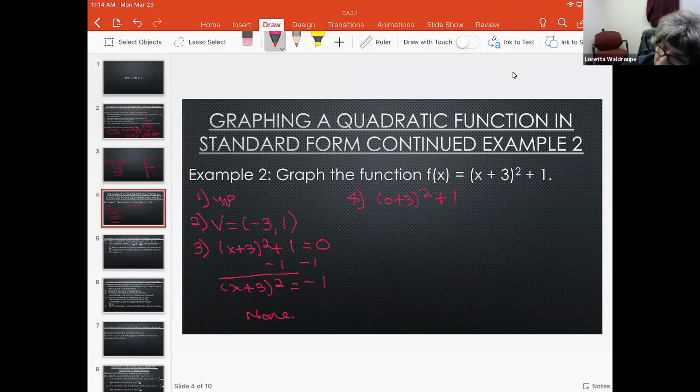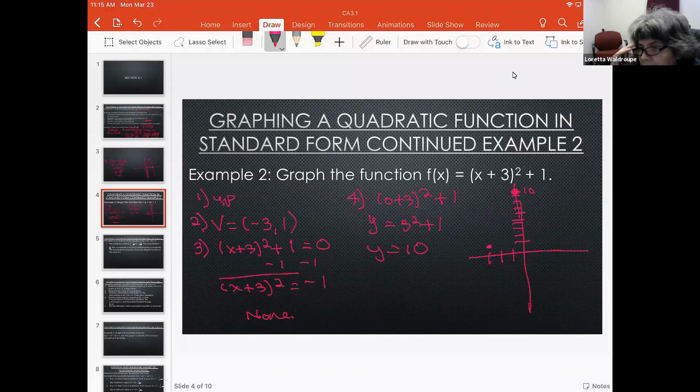Let's find a y-intercept by putting 0 in for x. So I get 10. So if I go over here to graph it, negative 3, 1. Now, if you look at that, you don't have another point to draw your whole graph, do you?